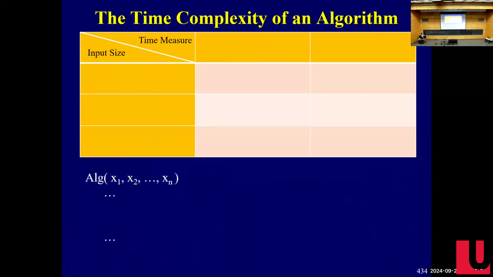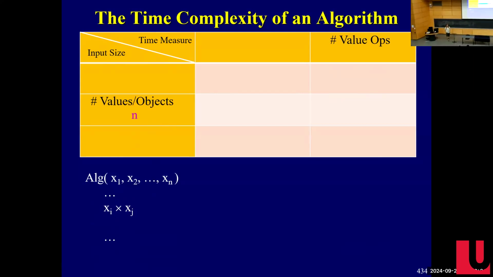All right, so here is the classic example: if the input consists of a bunch of objects, then the input size should be the number of those objects, and the time measure should be, you define what an operation is between values that costs time 1, and you say, we'll let you multiply in time 1.